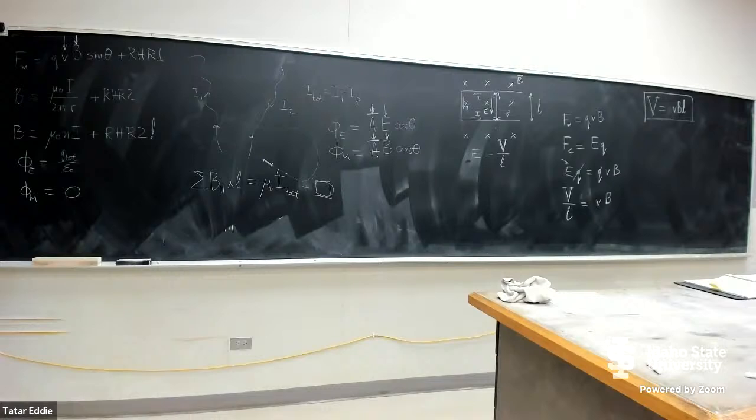In one of the homework assignment problems, you have exactly the same situation. You have the wings of an airplane. Imagine that those are the wings of the airplane moving in the magnetic field of the planet. What is the voltage difference between this end and this end?